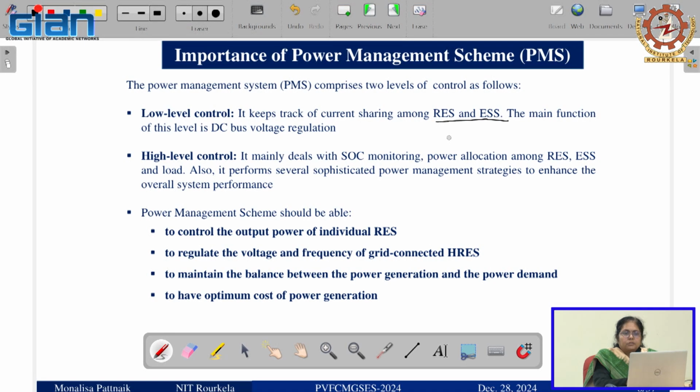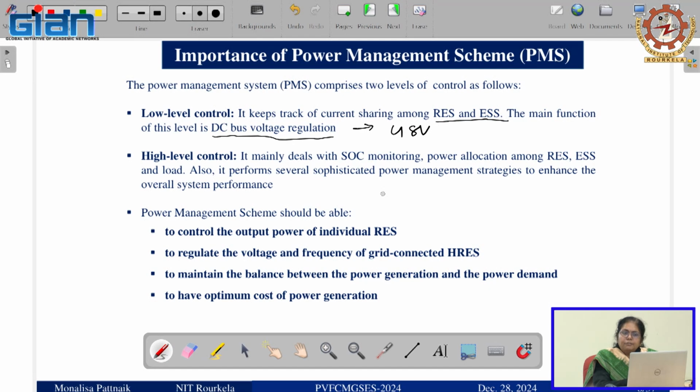So the current sharing between the source and the storage, it will decide, and it will regulate the DC voltage tightly. So what is our DC voltage? As we have fixed it at 48 volt, it has to be maintained constant at 48 volt.